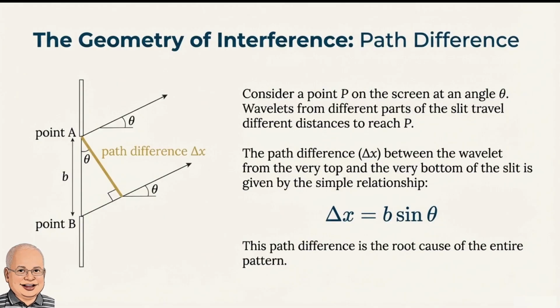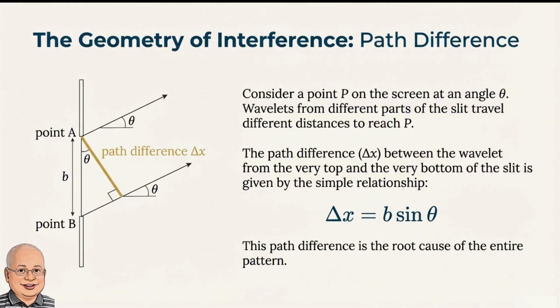Therefore, if we consider a point P on the screen, then the light rays are incident on it at an angle theta. Now you can ask how that can happen. One point on the screen, two points on the slit, how will these two angles be the same? Remember that from geometry, we know if we have two parallel rays, they meet at infinity.